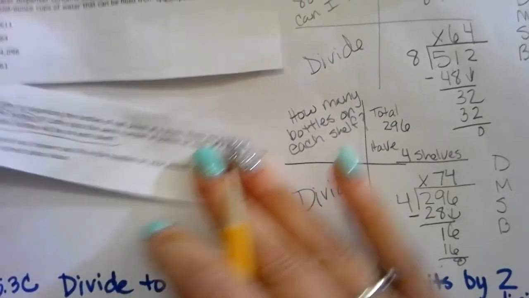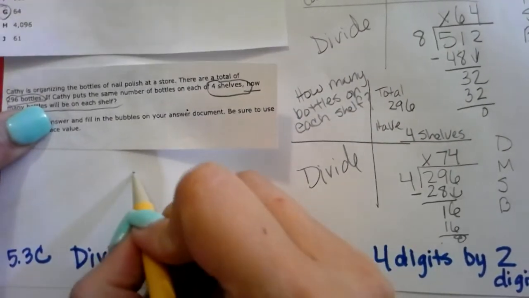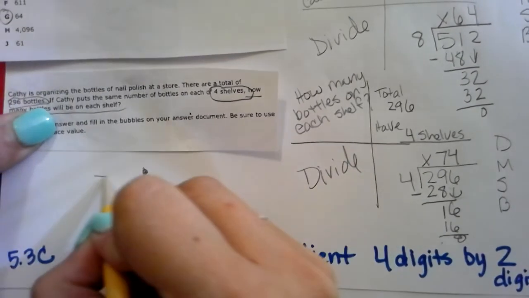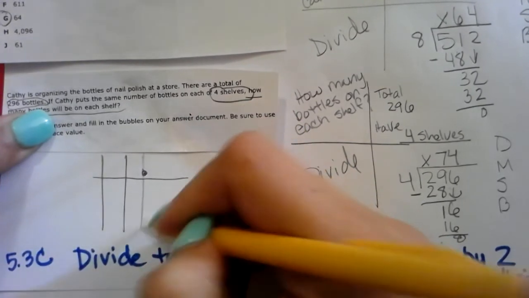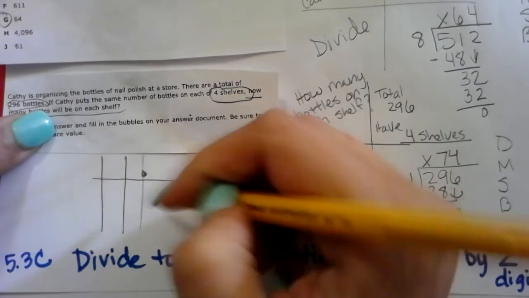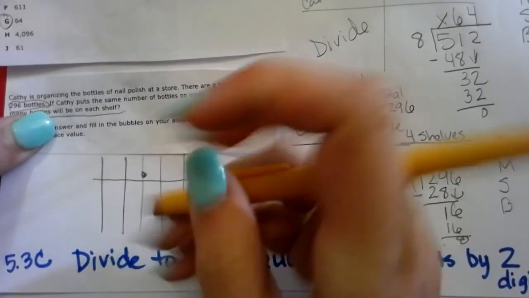So I'm going to write, and this would have been a bubble answer choice. Guys, it's going to look something like this. It's going to have that decimal in the grid. Okay, here's what I need you to know.